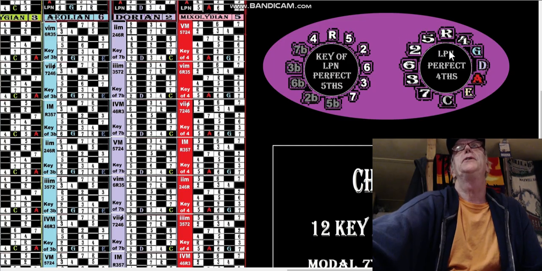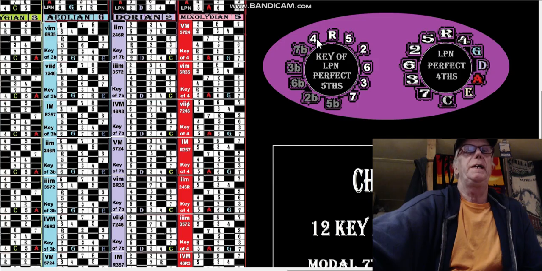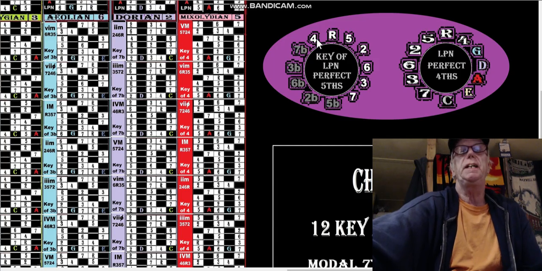So here's your LPNs, here's a 5 right here. The key would be the 4th. If the LPN is a C, the 4th of C is the key of F.